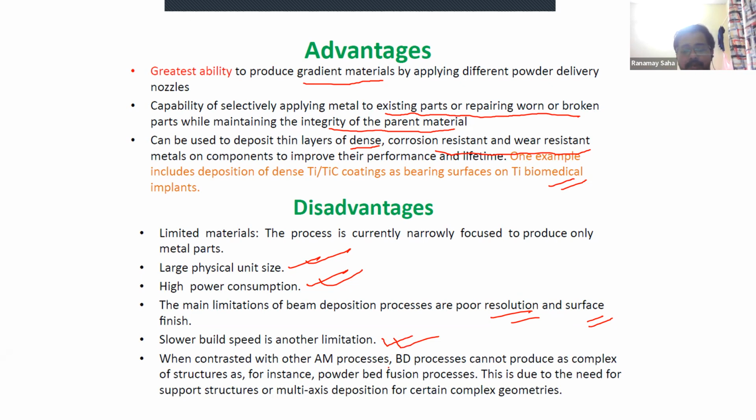Okay, and when you compare it with the other additive manufacturing processes, not very complex structures can be developed, okay, as in PBF processes or powder bed fusion processes, because support structures are needed and multiple axis deposition are needed for complex geometries. So that is a major issue in case of direct energy deposition processes, right?